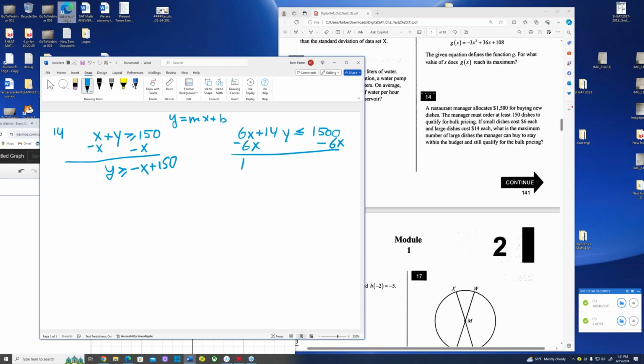You get 14y less or equal to negative 6x plus 1500. And divide the whole thing by 14.